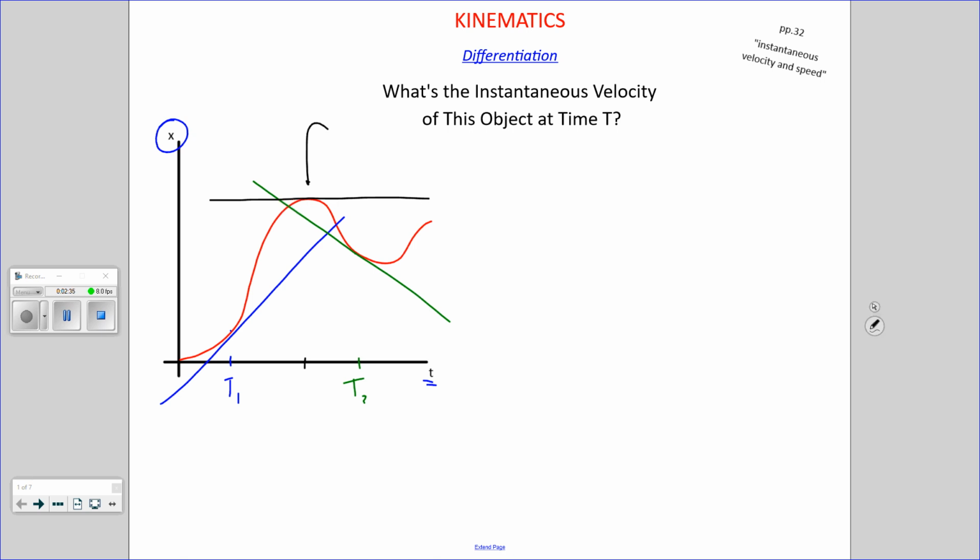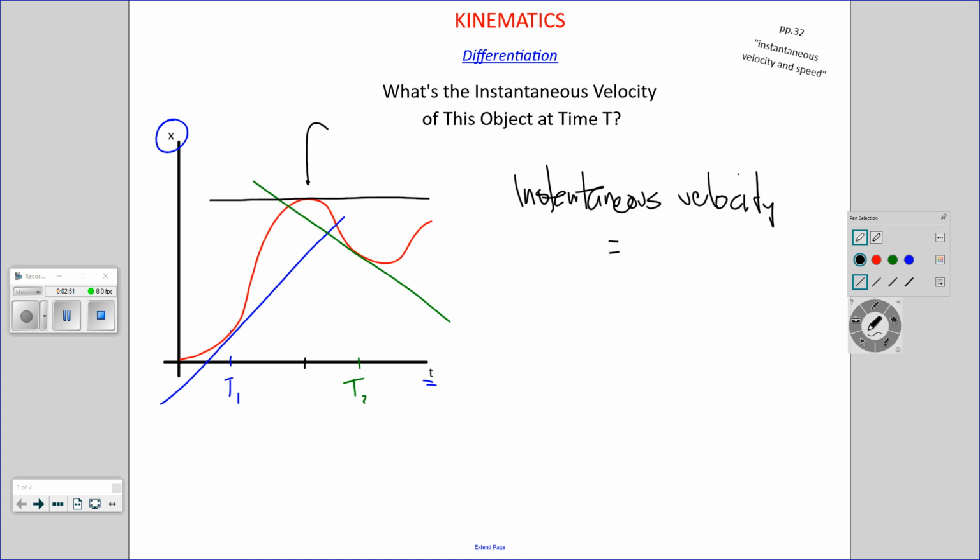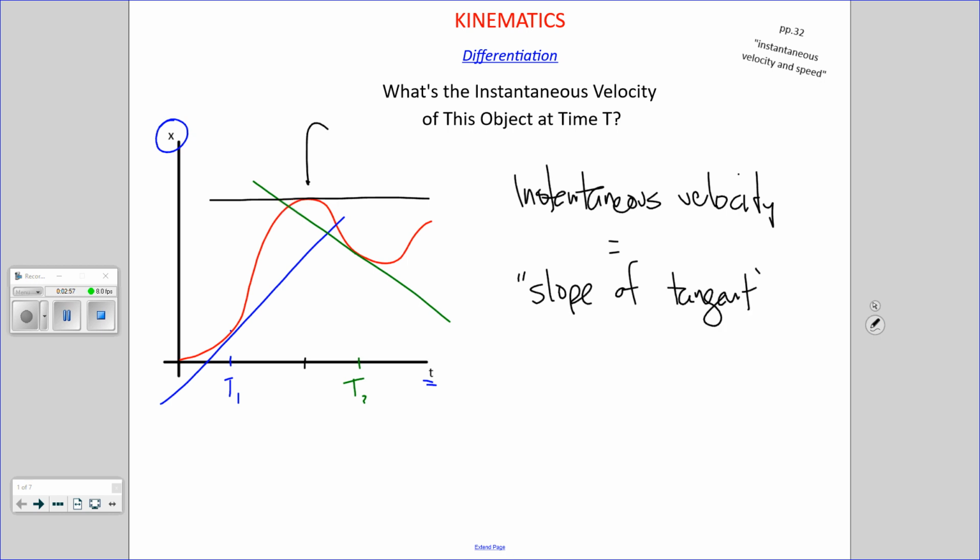So what we usually say is that instantaneous velocity equals the slope of the tangent of an x-t graph.